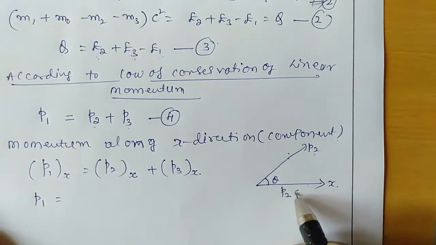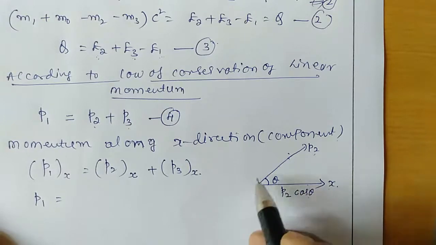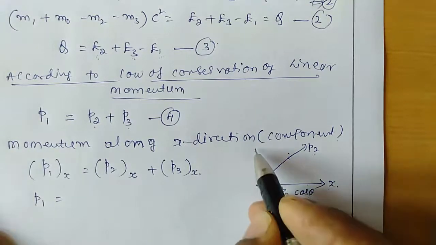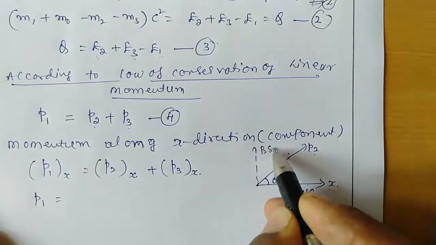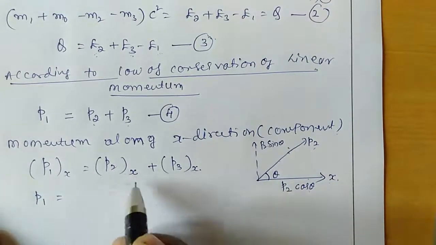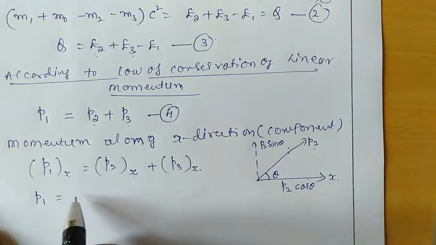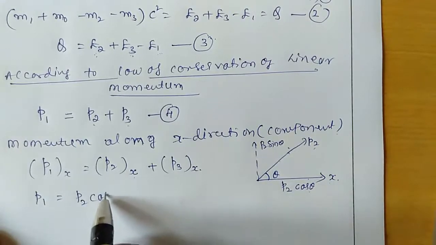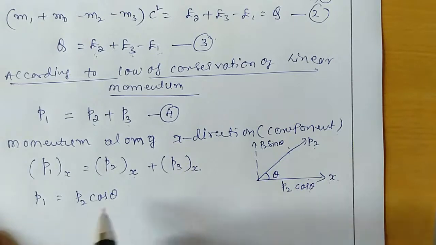So the horizontal component or the x component of this P2 is P2 cos theta, and here we have the vertical component, so this is P2 sin theta. Okay, now since we are writing the x component, the x component of the momentum of the ejectile will be written as P2 into cos theta.